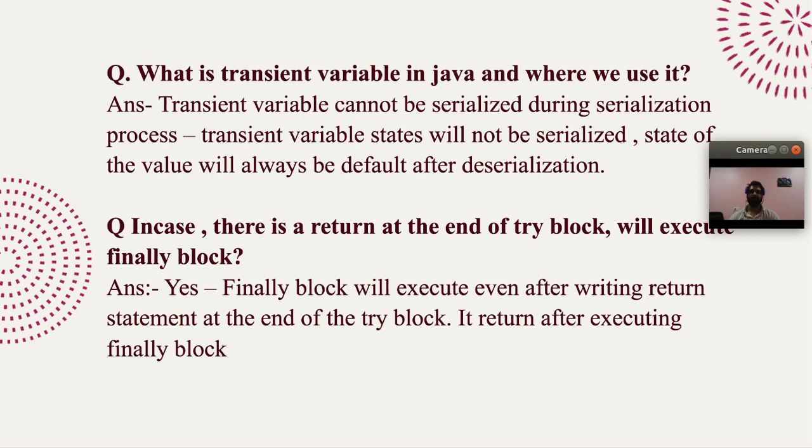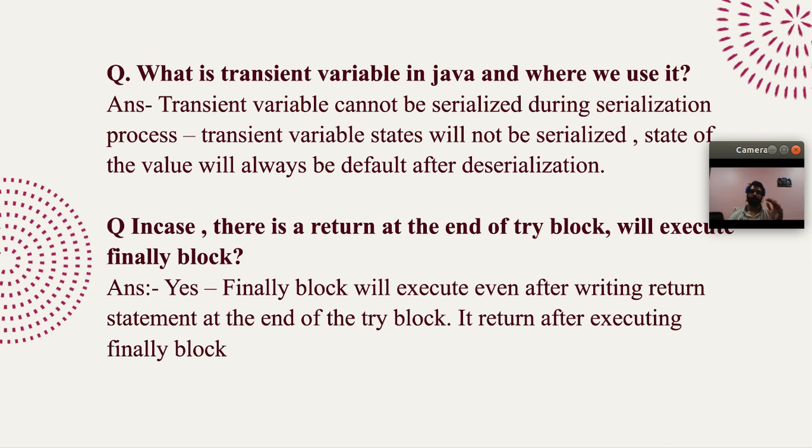If you want to escape your member variable from getting serialized, then you can use a transient variable, and it is used inside serialization. Also, you can get a question that what is serialization. So basically, serialization is a process by which we are saving the state of an object to transfer your object to some network or to a certain server, right?